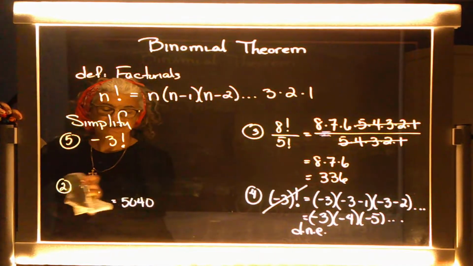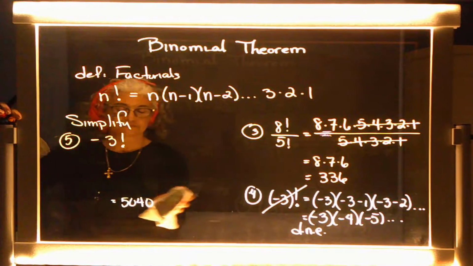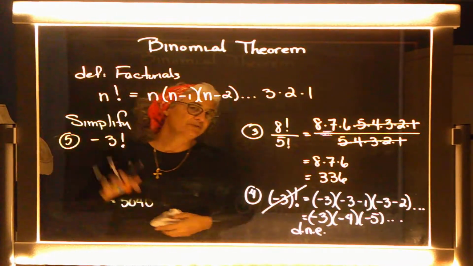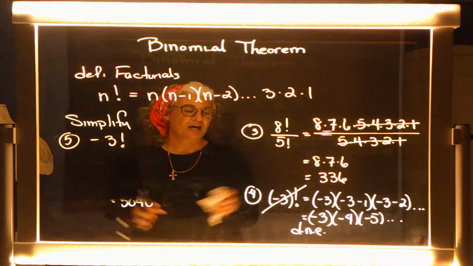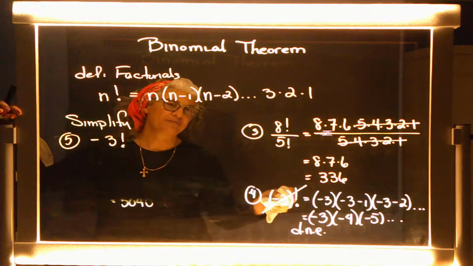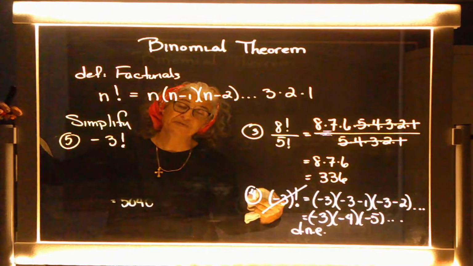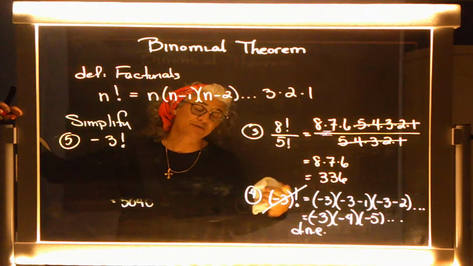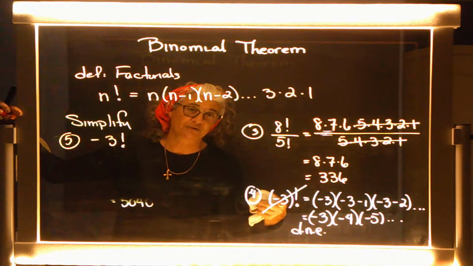Am I taking the factorial of a negative 3 like I did in number 4? Good. Some of you said no, and some of you are like, I'm not sure. Okay, hold on. On number 4, how do I know I'm taking the factorial of a negative 3? Good, because there are parentheses there, right? There are parentheses holding the negative with the 3. So clearly I'm taking the factorial of negative 3.